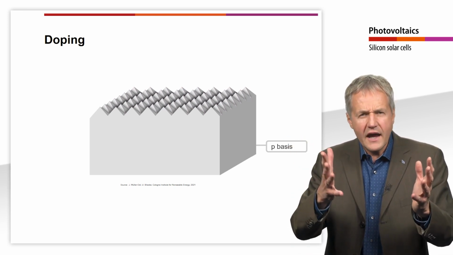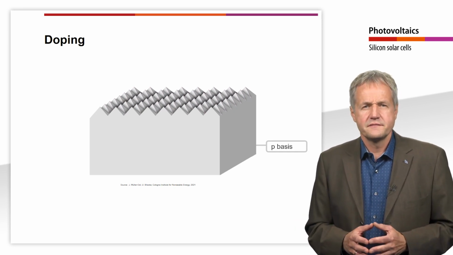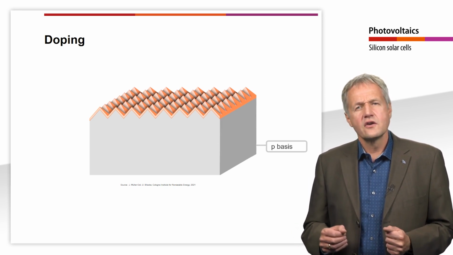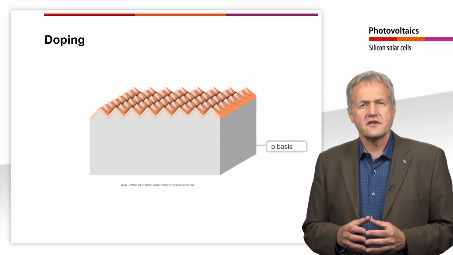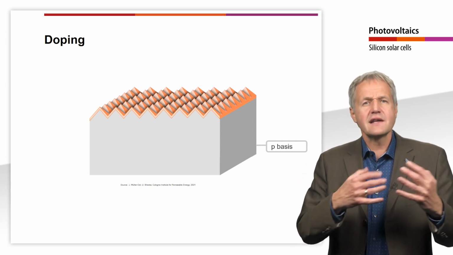The phosphorus atoms can diffuse into the wafer due to the high temperature. The result is a thin, a few hundred nanometer thick layer in which there are more phosphorus atoms than gallium atoms.